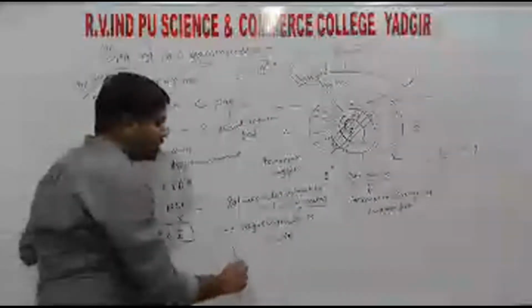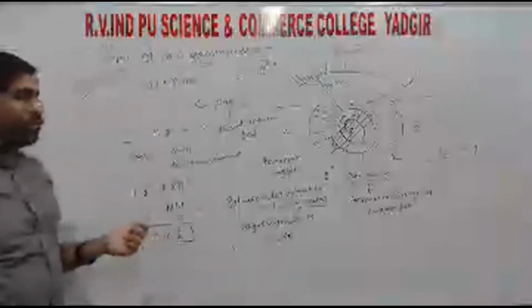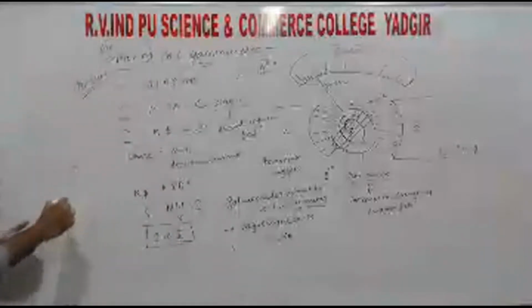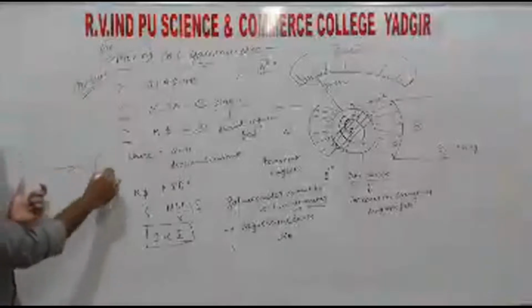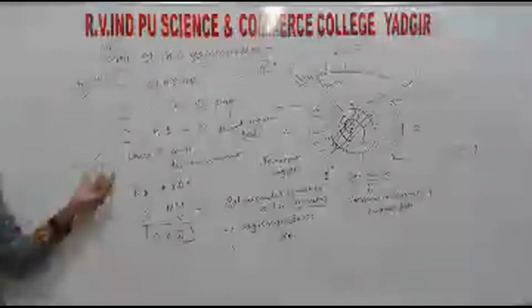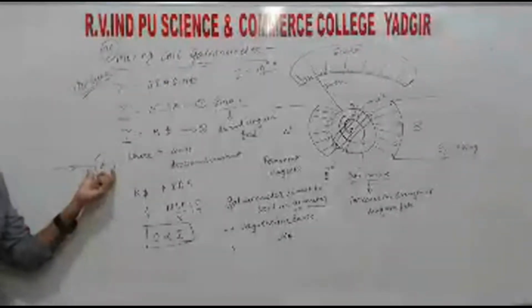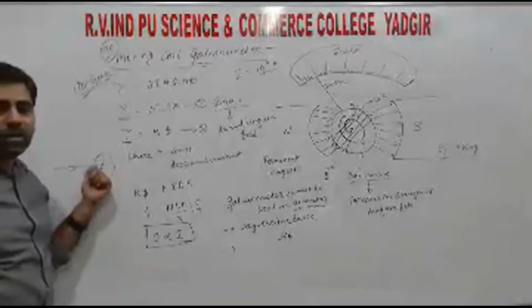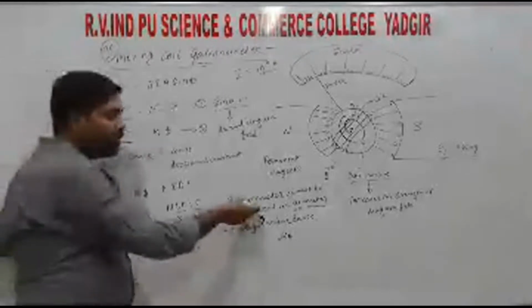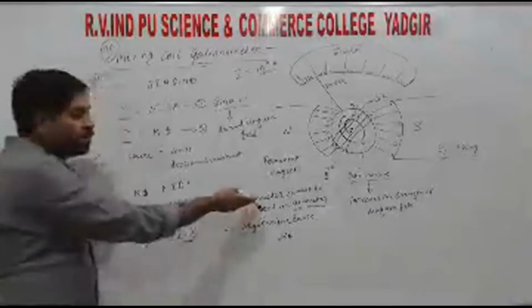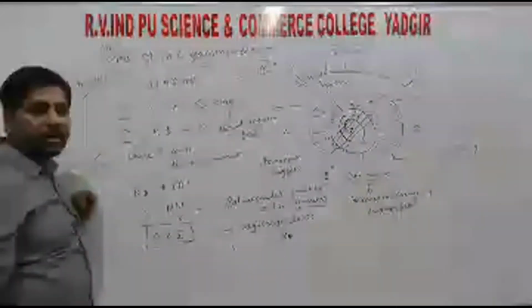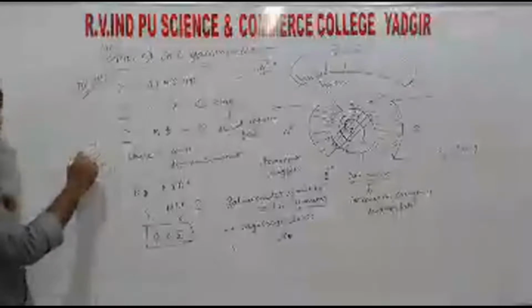The other reason is, if we want to find out the current in a circuit, we need to connect the ammeter in series. If we connect it in series, we can get the current flowing in the circuit, right? As the galvanometer is connected in series, this galvanometer has a resistance, and that resistance is very large, right?